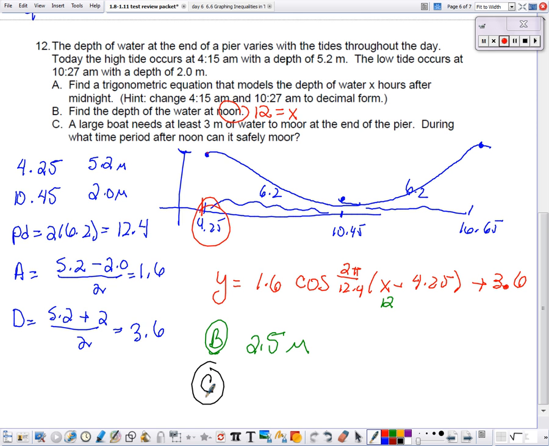And lastly, for C, if it's afternoon and it has to be 3 meters, I'm going to plug y1 is my equation, y2 is going to be 3. So here's that line at 3, let's say. Not very straight, sorry.